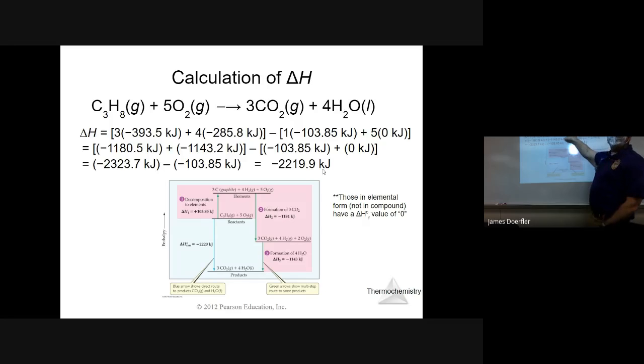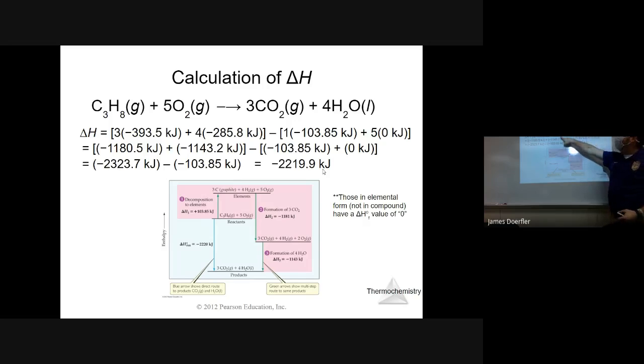So, you're going to take your coefficients and multiply them by the delta HF value you find in Appendix C. Again, H2O. It's liquid, and remember, H2O is under oxygen.